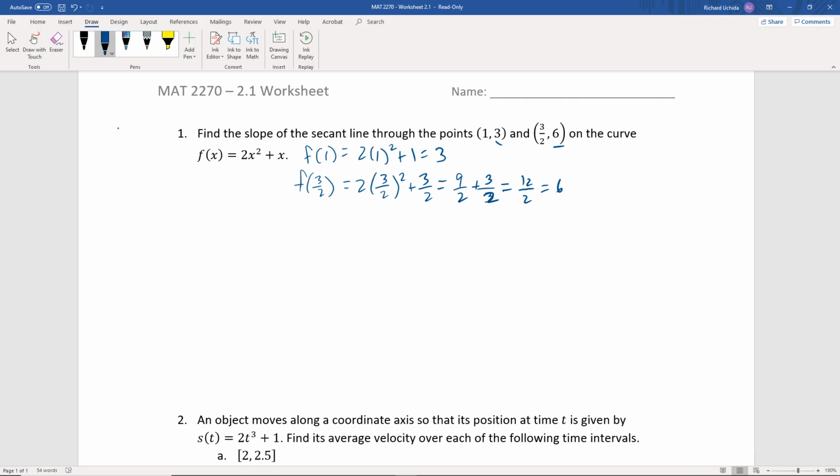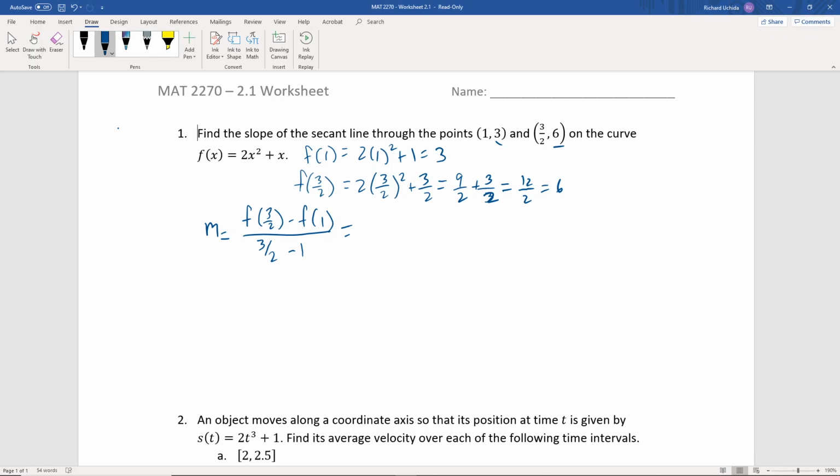Now to find the slope of the secant line, the slope would be the function value when you plug in the 3/2 minus the function value when you plug in the 1, all over 3/2 minus 1. It would be the change in y's over the change in x.